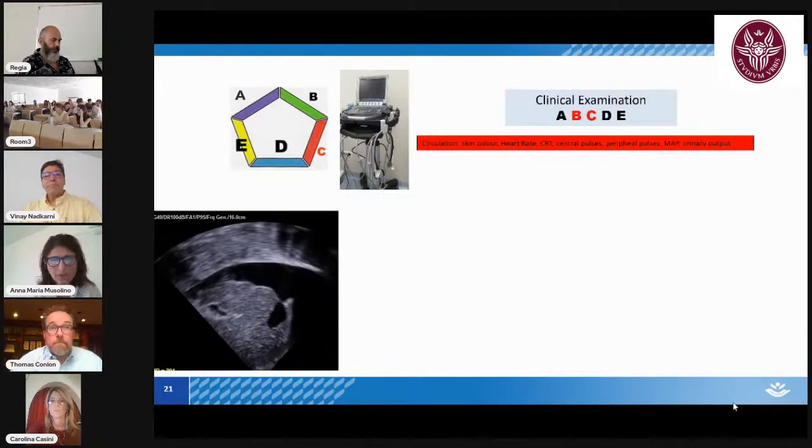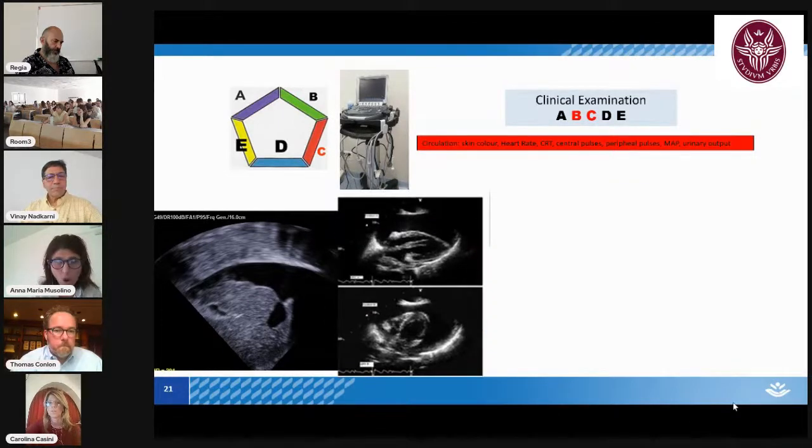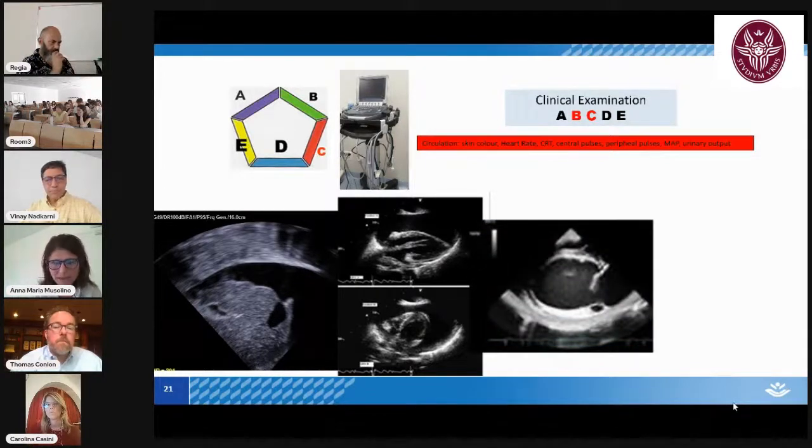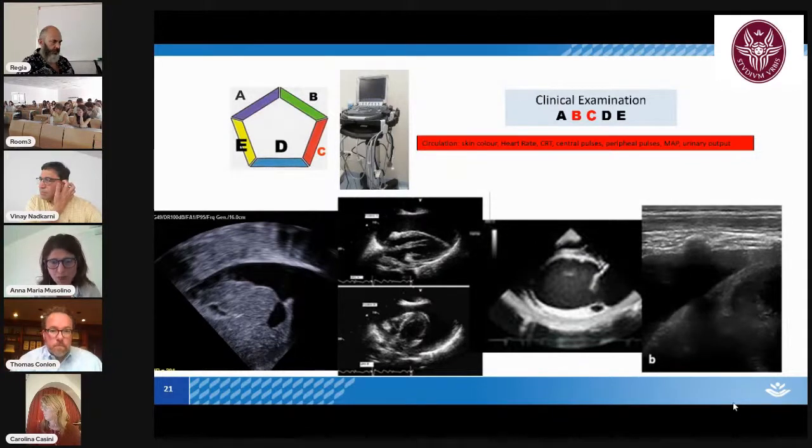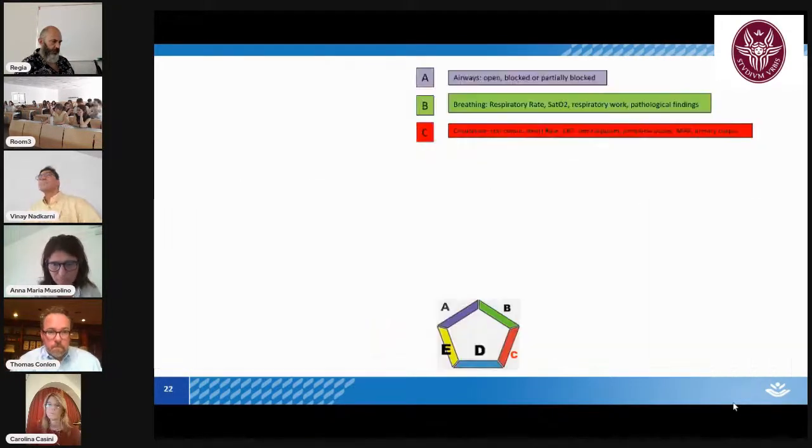And going on, circulatory assessment: is there inferior vena cava enlargement or a large pericardial effusion? Or how is left ventricular contractility? And is there a large pleural effusion?